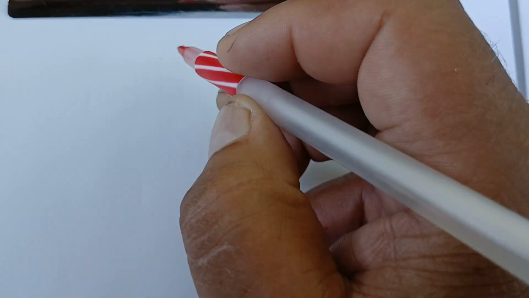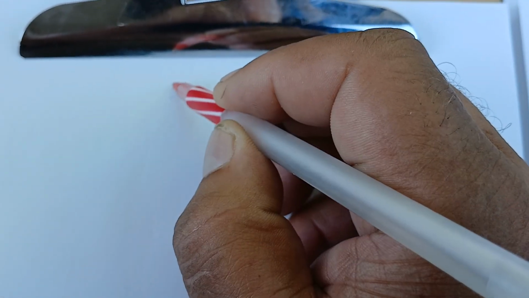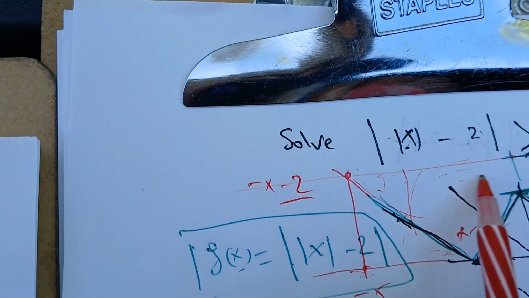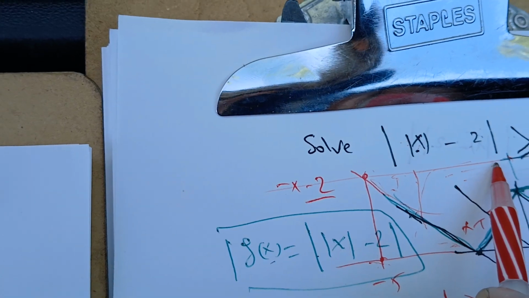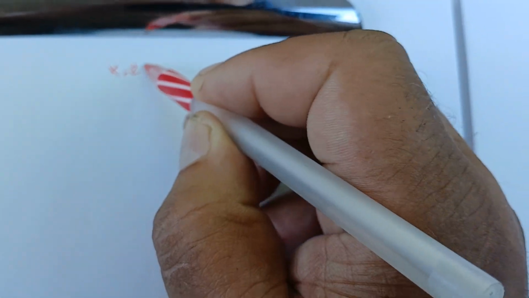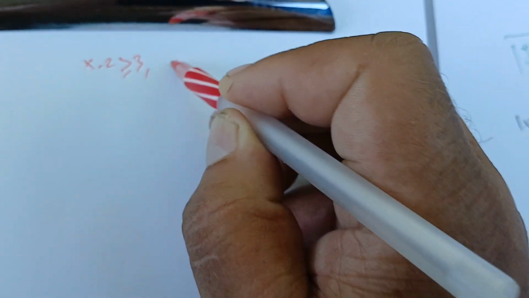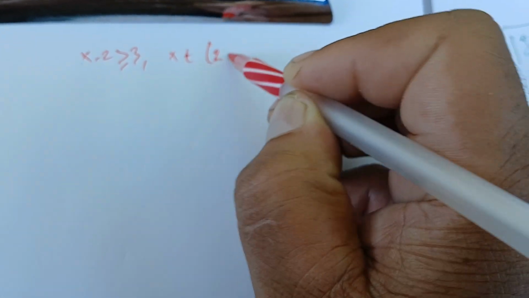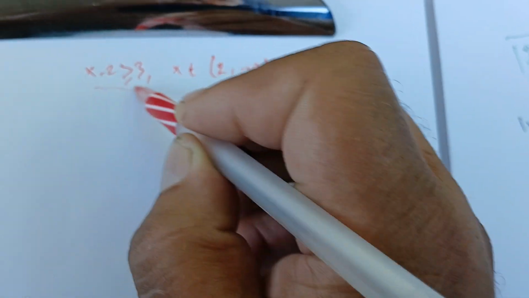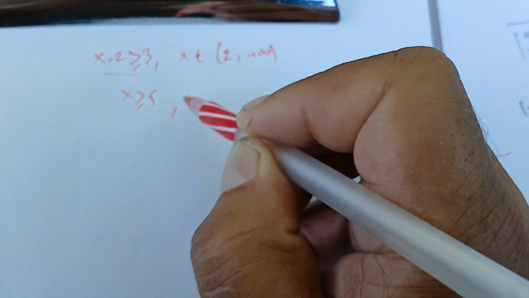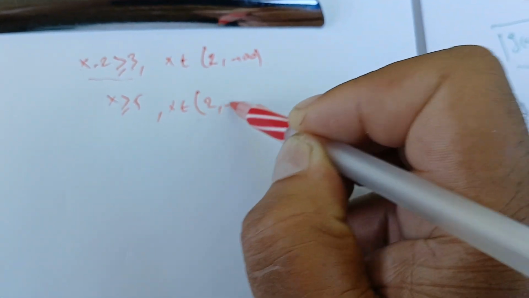Okay, so I'm trying to solve this equation. Now this is equivalent to x minus 2 bigger than 3 when x is in 2, plus infinity. And I solve here, I get x is bigger than 5 and x is in 2, plus infinity.